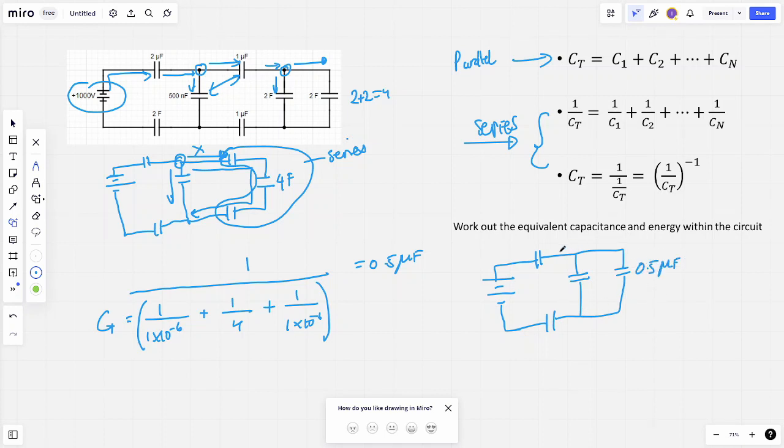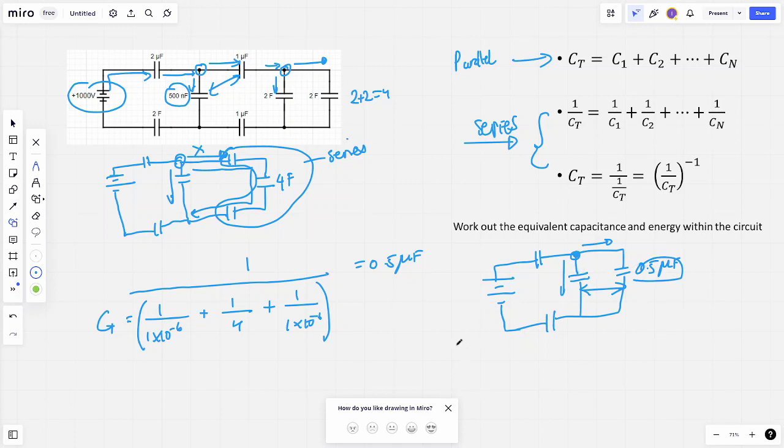So remember how we said current at this point gets split, so it can either go straight across or down. So therefore these 2 branches are now in parallel. So we've got a 500 nanofarad and a 0.5 microfarad.